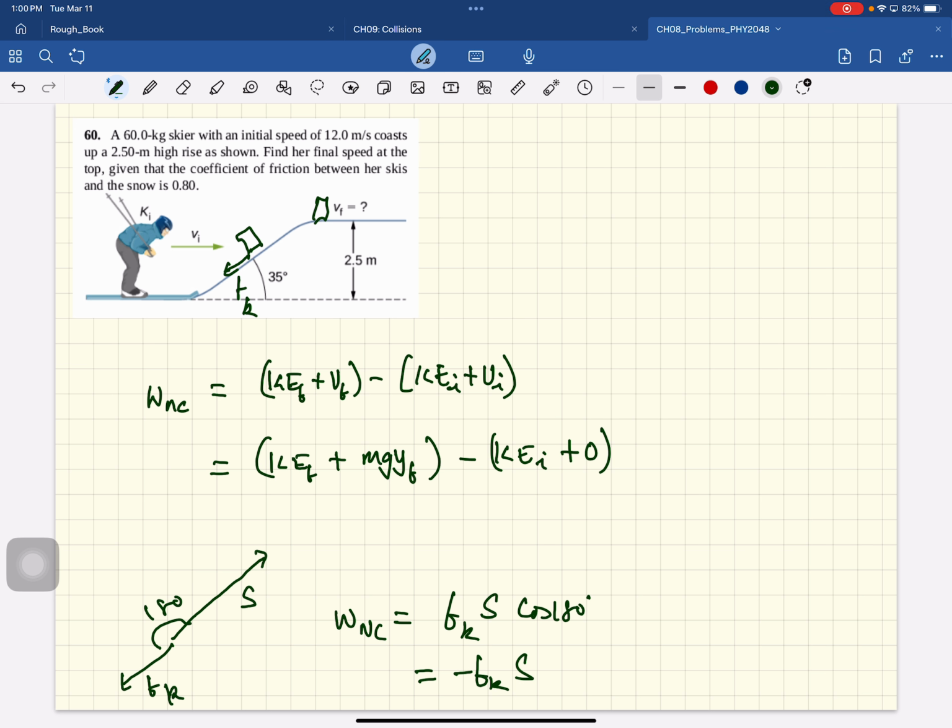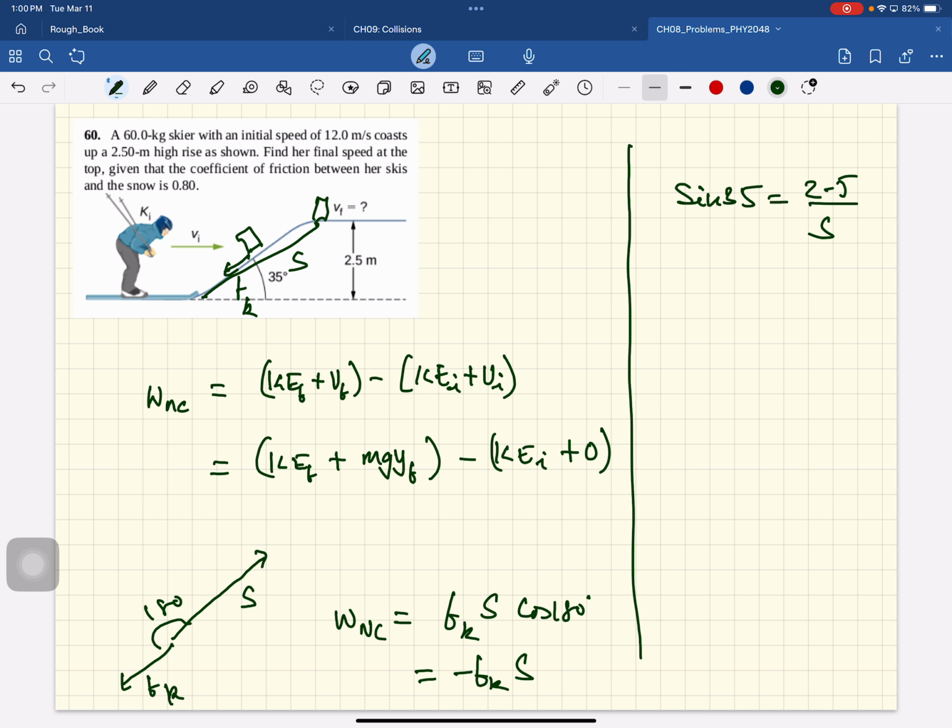S is this length. S is sine 35 is 2.5 divided by S. S is that distance. So S is 2.5 meters divided by sine 35.